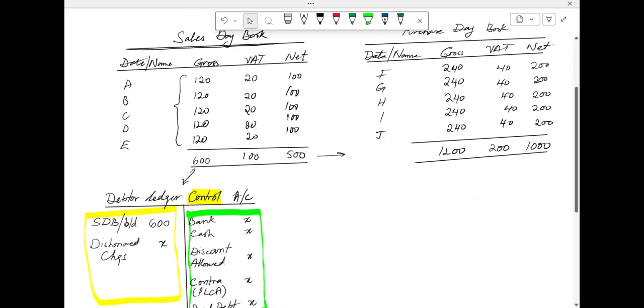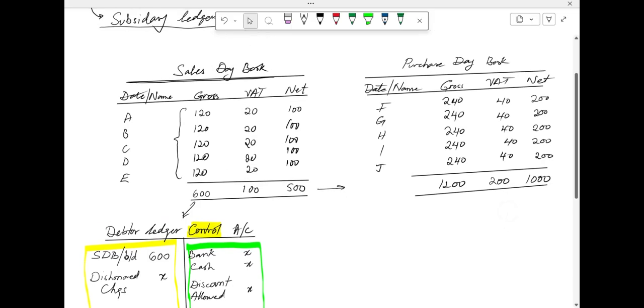So again, thinking about the double entry for these three figures will be purchases debit by £1,000, VAT on purchases will be £200, and the suppliers or purchase ledger control account will be 1200.